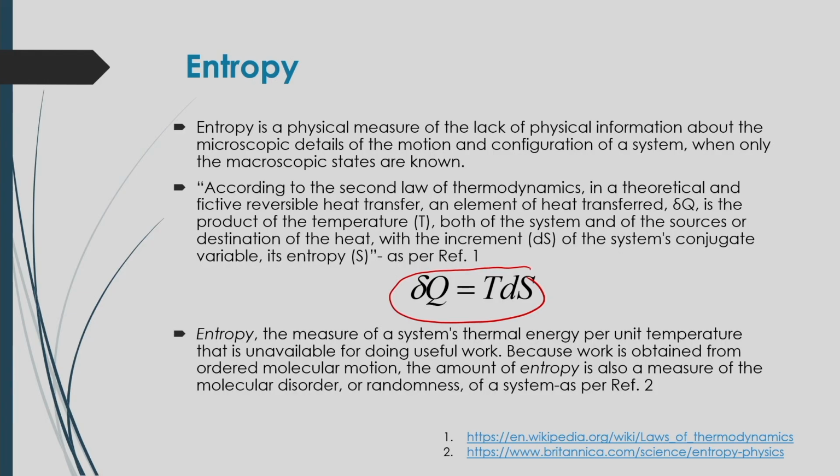So, we can say that entropy is basically a physical measure of the lack of information about the microscopic details of the motion and configuration of a system, when only the macroscopic states are known to you.